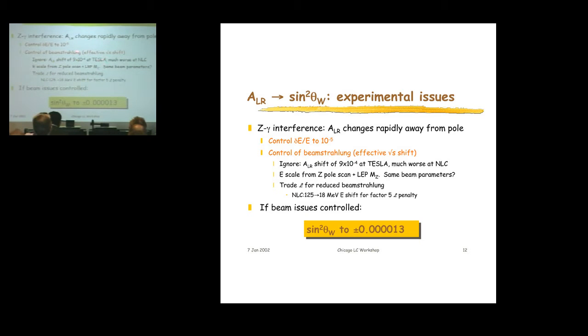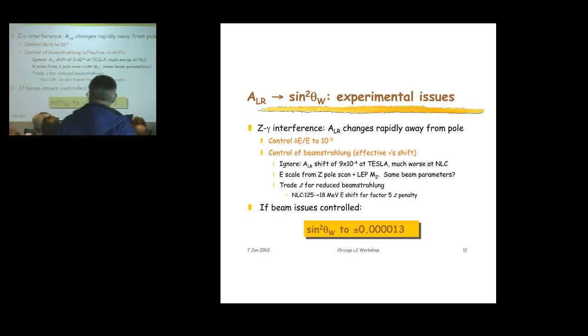At Tesla, for example, if you completely ignored the beamstrahlung effect, you'd end up with a shift that's a factor of 9 bigger than you hope to measure. Now, one thing that you could do is trade off luminosity for reducing the beamstrahlung.